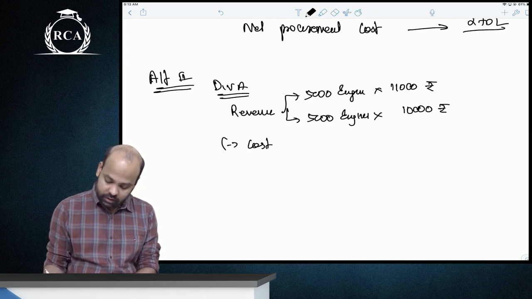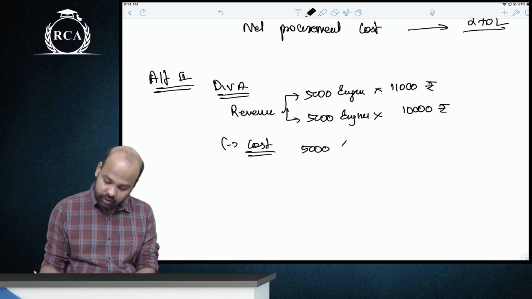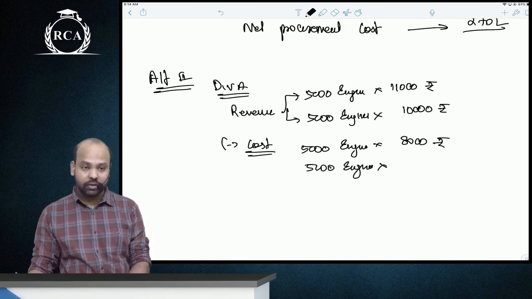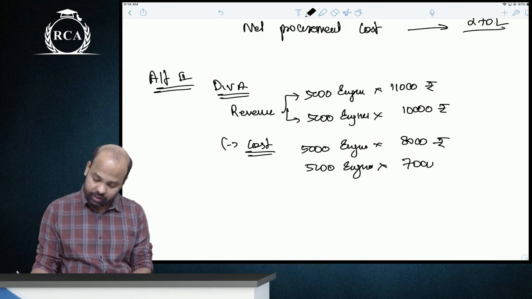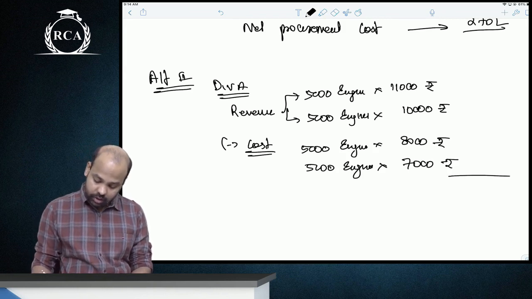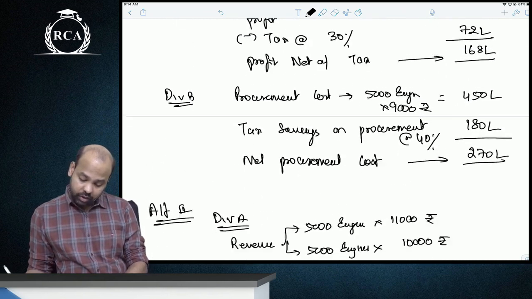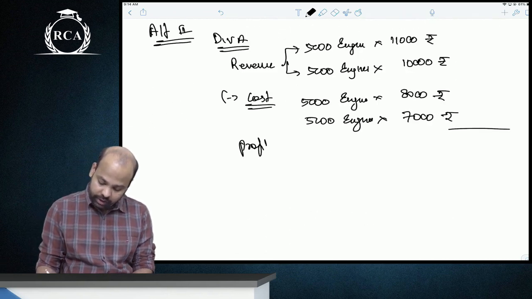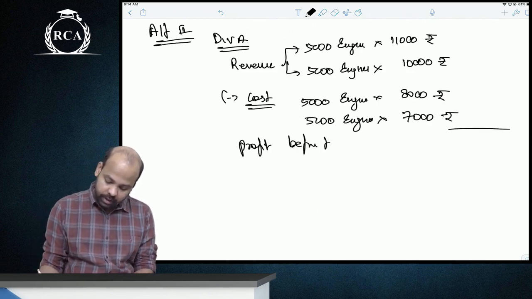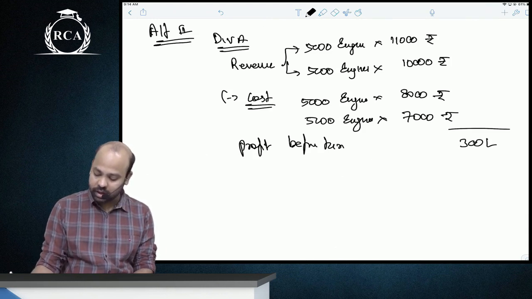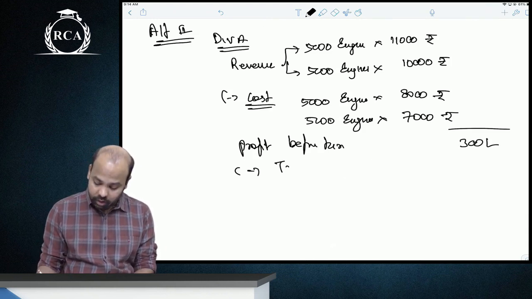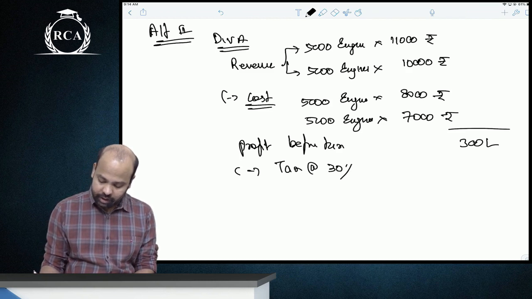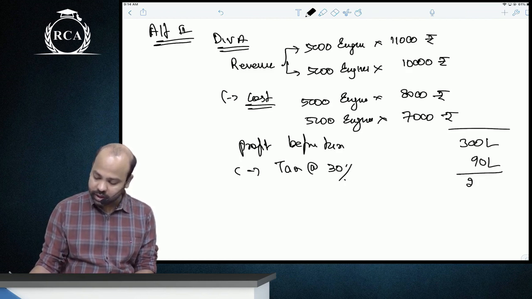As far as their cost is concerned, it would be 5,000 engines into 8,000 rupees, and 5,000 engines into 7,000 rupees, as internal transfers are only 7,000. So this would give them a profit before tax of 10,000 engines with 3,000 rupees, that is 300 lakhs. Tax at the rate of 30% is 90 lakhs. So 210 lakhs.